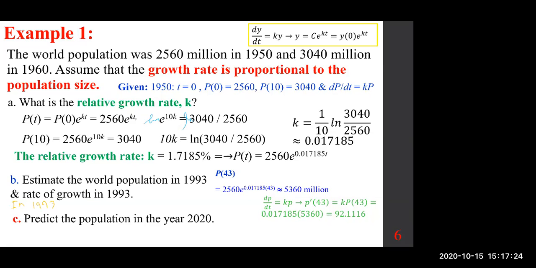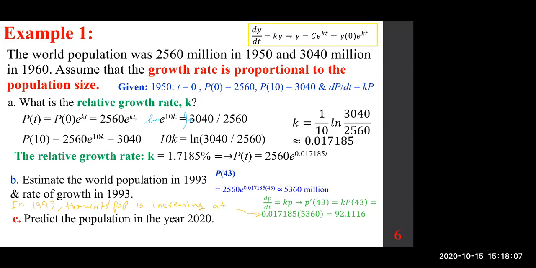That's the meaning of it, class, per year. So in 1993, the world population is increasing at a rate of 92.1116 million per year.